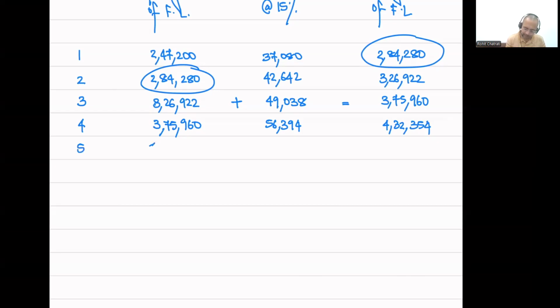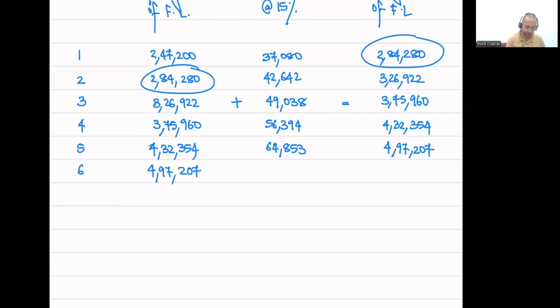For year 5, this becomes my beginning balance, 4,32,354. On 432,354, I have an interest of 15 percent, which is equal to 64,853, and therefore my closing balance is going to be 4,97,207. For year 6, this becomes my beginning balance of 497,207.